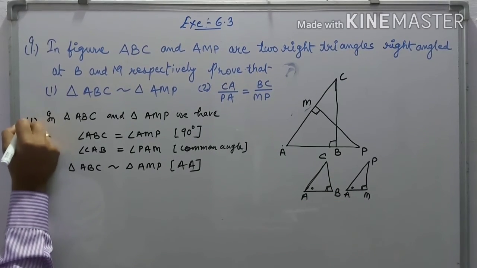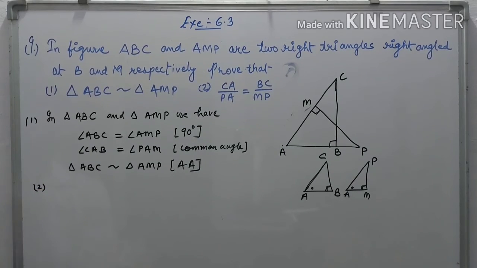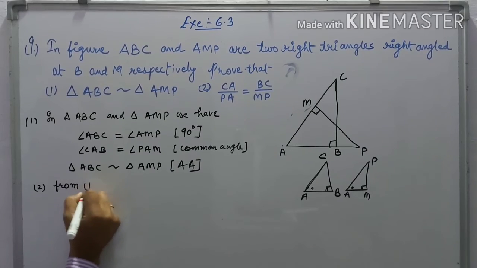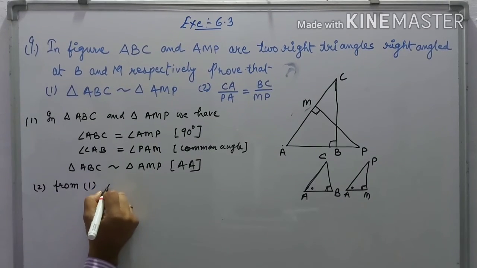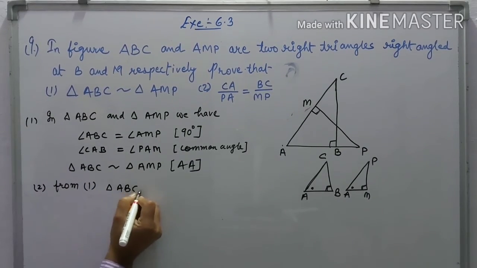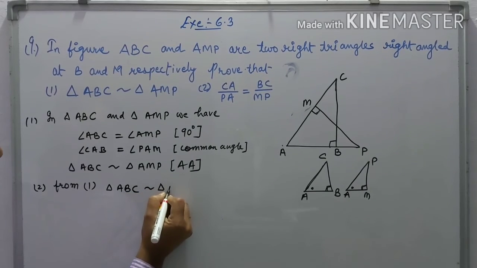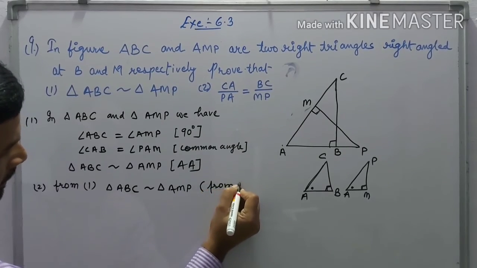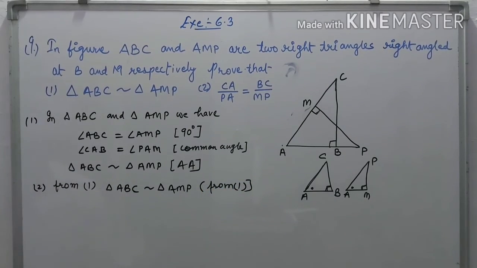Now this is the first solution, and second, from the first, triangle ABC is similar to triangle AMP.